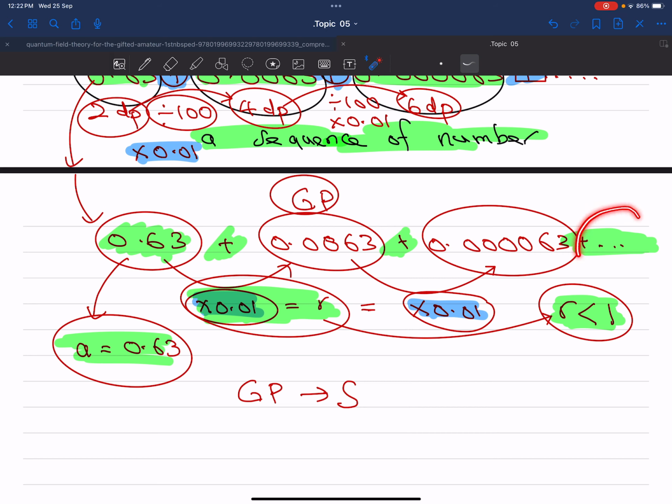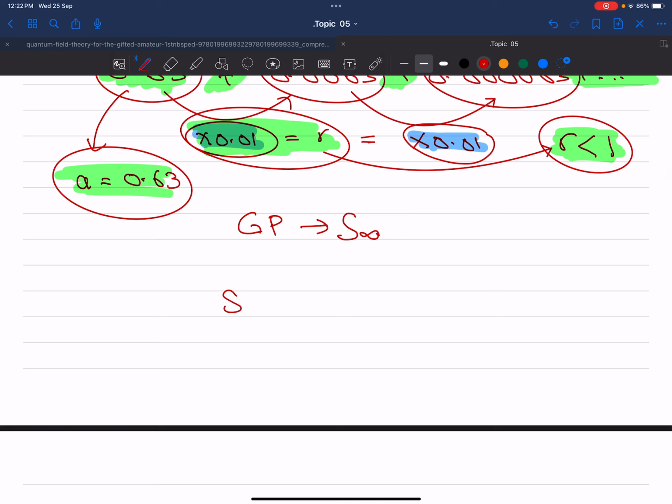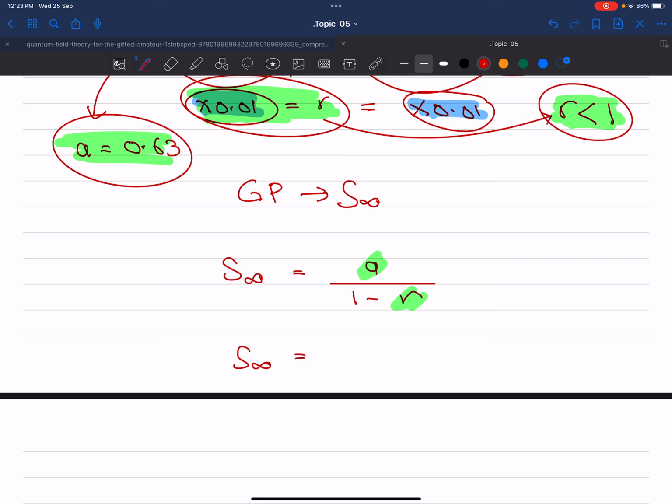It is continuing. That means it is S infinity. So now we use the formula S infinity equals A over 1 minus R. All we have to do is substitute the A and the R. So S infinity, our A is 0.63, 1 minus, our R is 0.01.